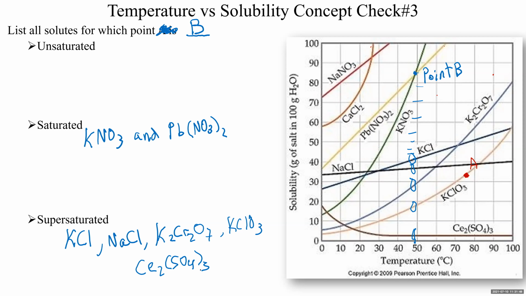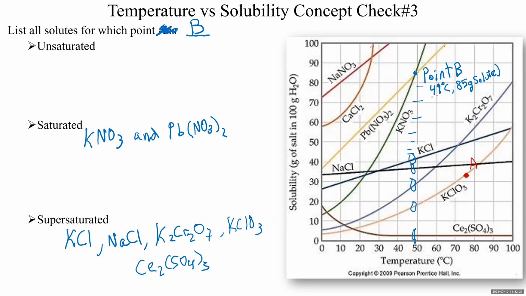Remember, point B is not inextricably tied to potassium nitrate or lead nitrate. No, point B simply represents a combination of temperature and concentration. Concentration expressed in terms of a ratio of grams of whatever solute you're talking about per 100 grams of water. So I would say point B, to the best of my reading, would represent 49 degrees Celsius, comma, almost exactly 85 grams of solute per 100 grams of water.